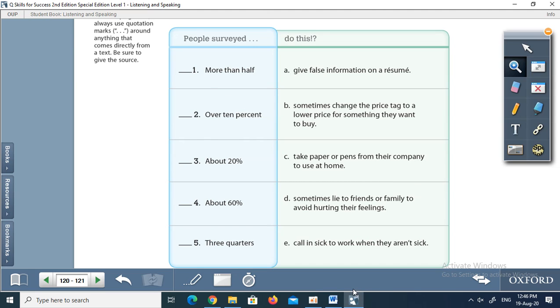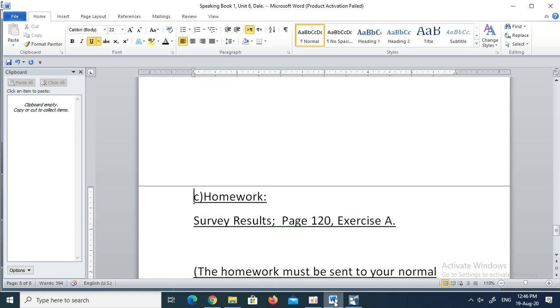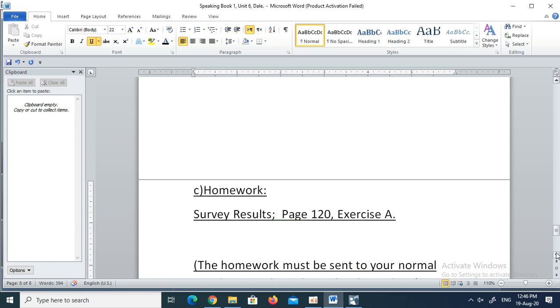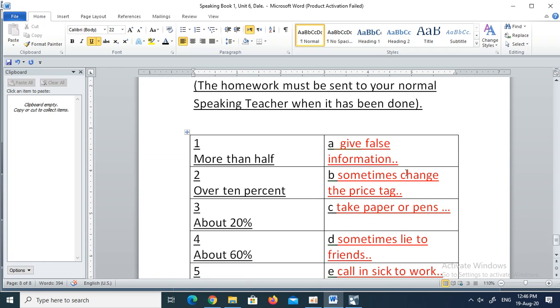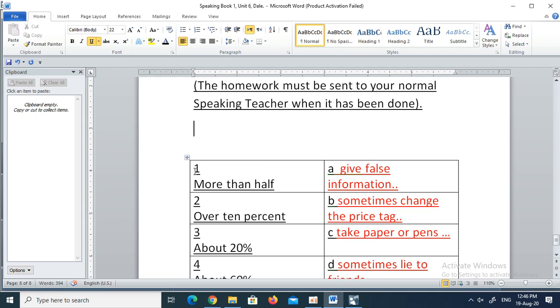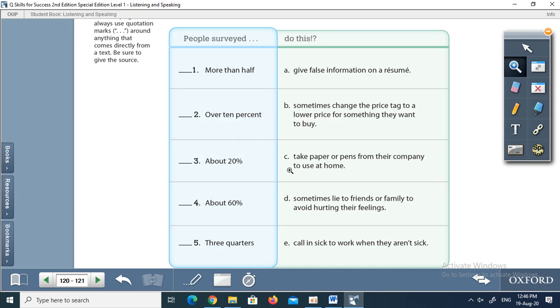All right. So, if we give you an example, the first answer is C. So, more than half take paper or pens from their company to use at home.